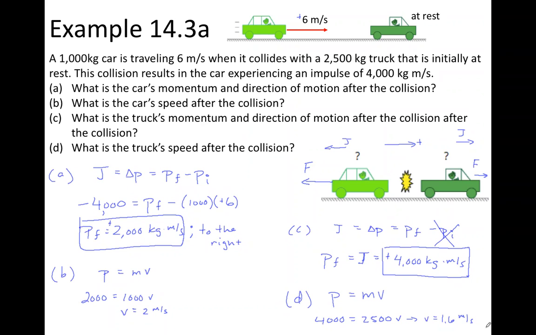So this is important here. We have this situation where two objects are colliding and they exchange forces. And because those forces make up what's called a Newton's third law force pair, equal and opposite forces, we have an important consequence of this.